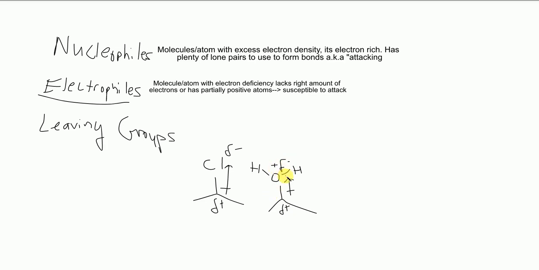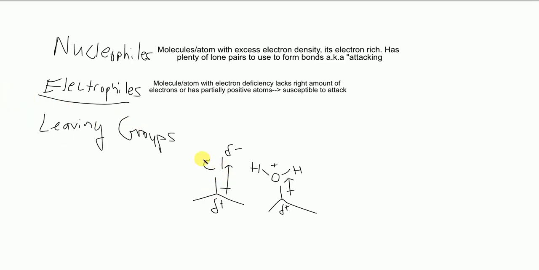Even though it's positive here, it's pulling these electrons toward itself. Okay, so it's making this a partially positive site. Not really that much partially negative over here, but it's wanting to make this bond into a lone pair that it can own. Right? It wants to own these electrons. This one wants to own these electrons because of their electronegativity, and this one specifically also because it has a positive charge on it.